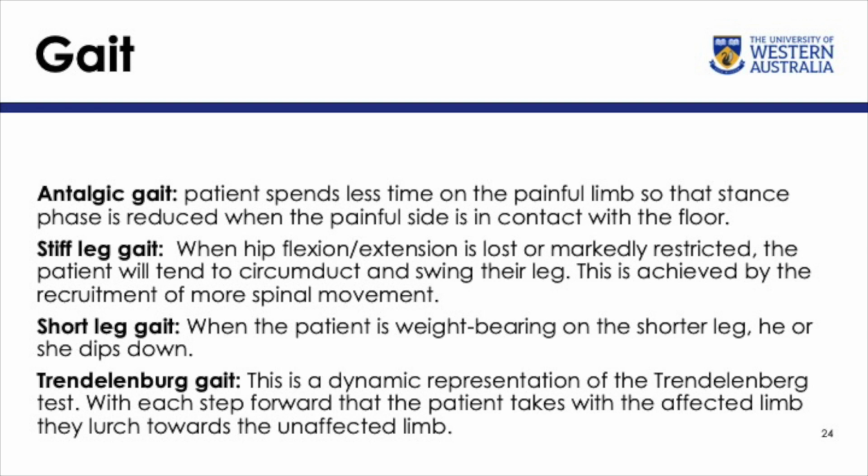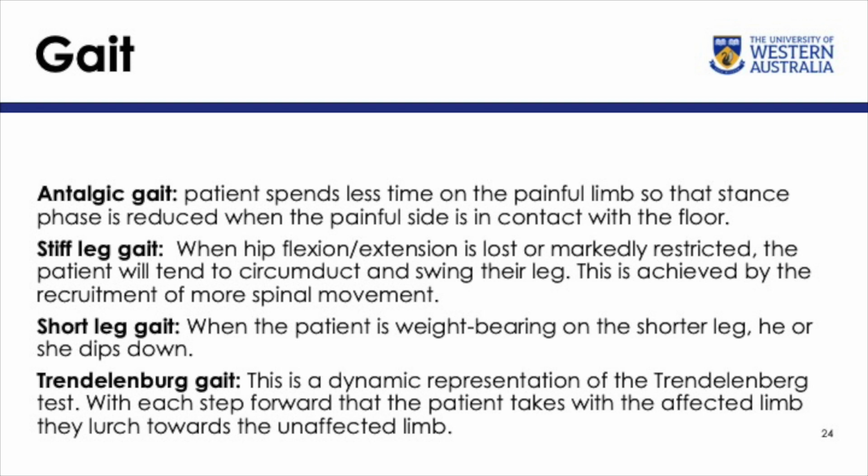In the stiff leg gait, movement of the hip joint in the sagittal plane, so flexion and extension, contributes to the swing phase of the gait cycle. If this movement is lost or markedly restricted, the patient tends to circumduct and swing their leg, and this is achieved by recruitment of more spinal movement.